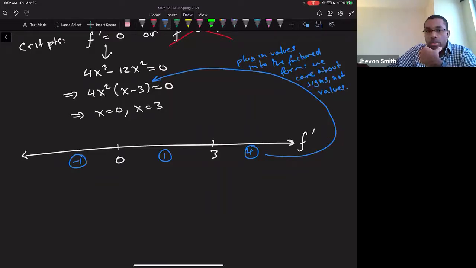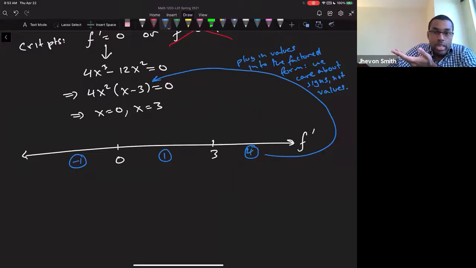Now, when it's in factored form, it's easy to see that, because each factor is going to be simpler than the original equation. So you can plug in a number into it and see what's going on. For example, if I wanted to plug in 4 into the original form of the derivative, I would have to cube the 4 for 4x cubed, minus 12x squared, I'd have to square the 4, and multiply by 4.